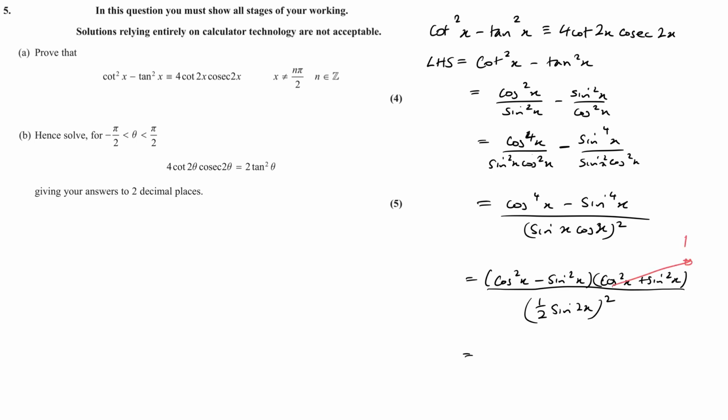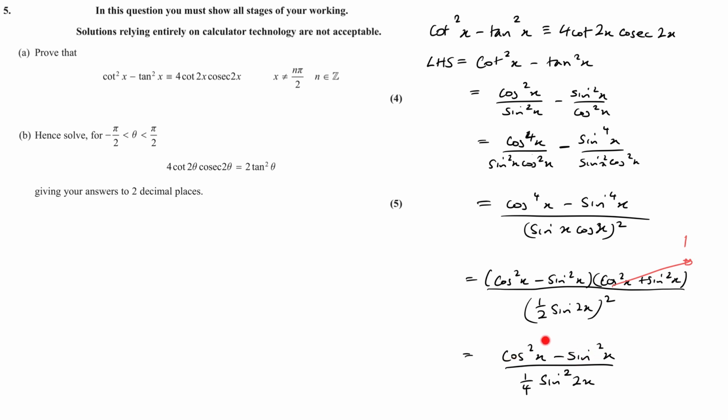Sine squared plus cos squared equals 1. So that is a little bit more done now. So I'm just going to rewrite it so that you can see a little bit better. So this is what I'm down to now. 1 over 4, and that's sine squared 2x. So here we are making some great progress.